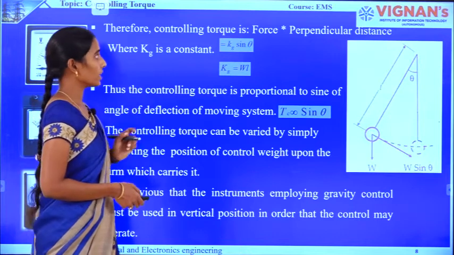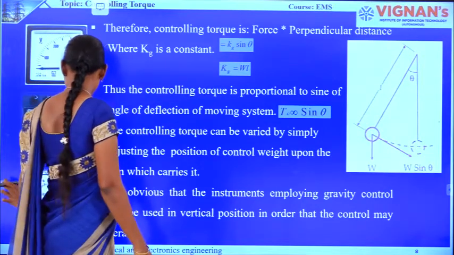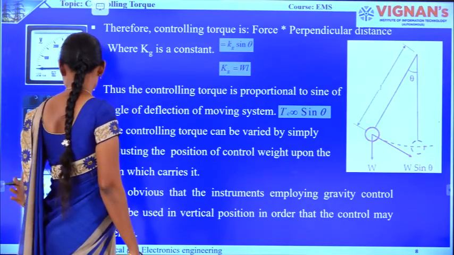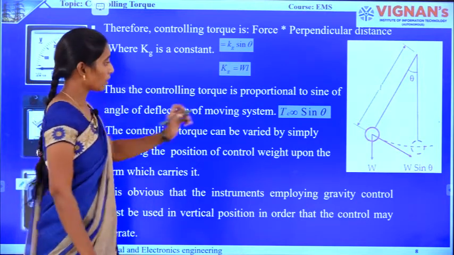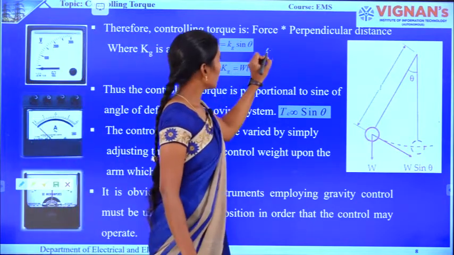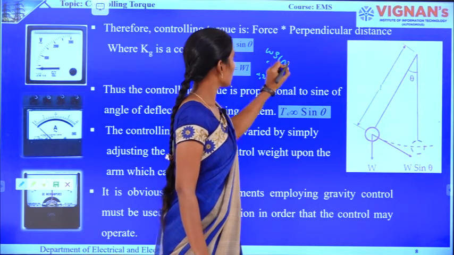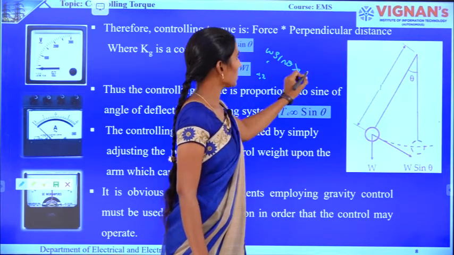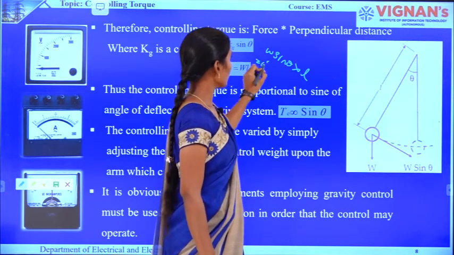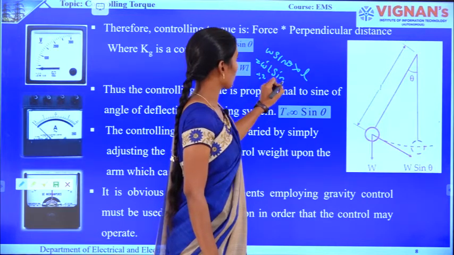The force acting is W sin theta, and the perpendicular distance is L. So this becomes WL into sin theta.